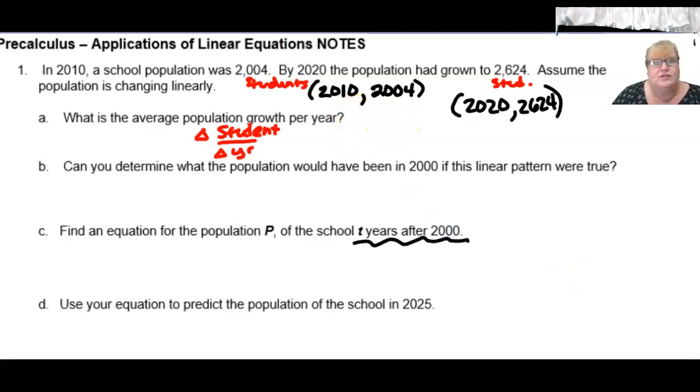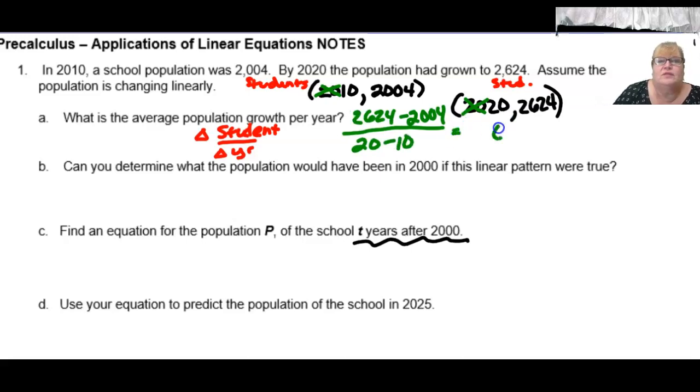So if we're doing years since 2000, we're going to subtract 2000 here and just call this term 10. And we're going to subtract 2000 here and just call this term 20. So again, the average rate of change would be 2624 minus 2004 students over 20 minus 10.